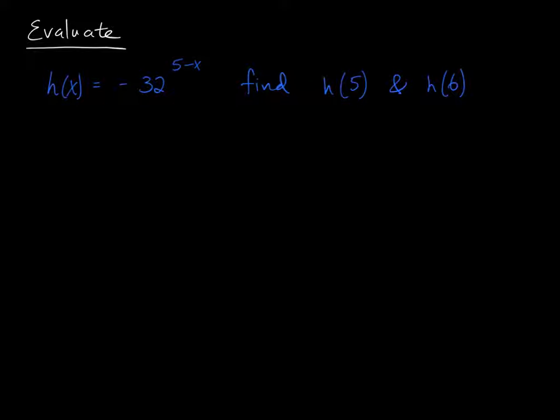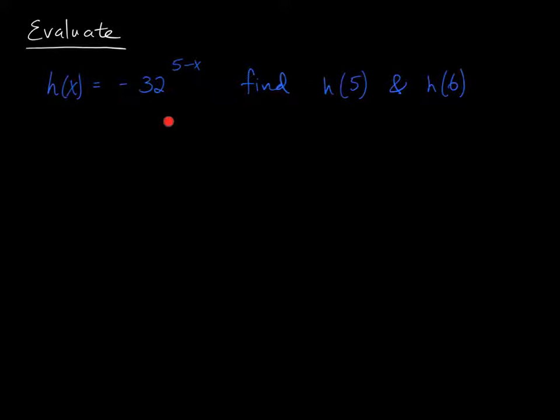For this last example, we will actually be evaluating this function at 2 different x values. So we'll be finding h of 5 and h of 6. One thing that you'll want to notice here is that the base for this exponential function is 32. But there's a negative being multiplied to it.